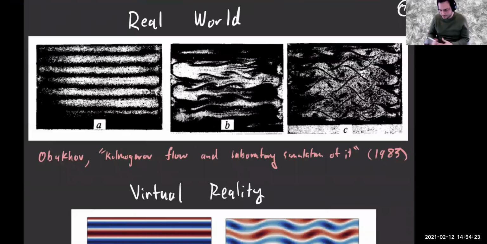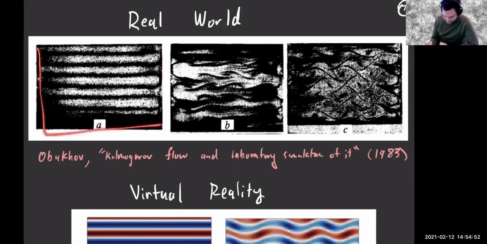So here's a picture of an actual physical experiment trying to explore this setting, in a paper by Abakov in 1983. Apparently it's forced with some electromagnetic forces, and there's some way that the fluid is interacting with them, so that you can really produce this type of sinusoidal forcing profile.